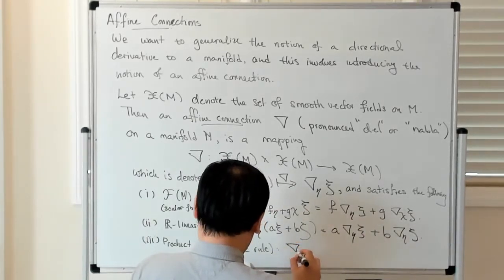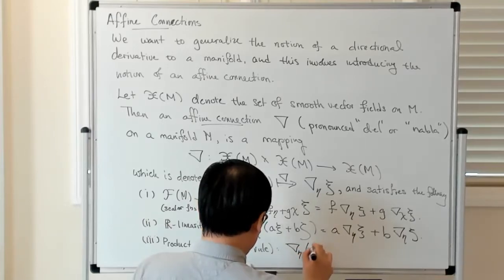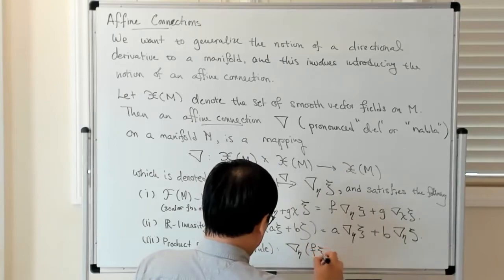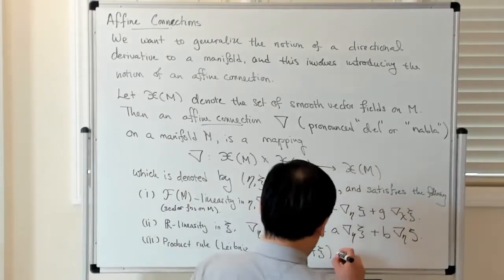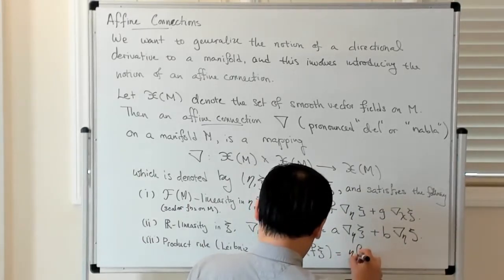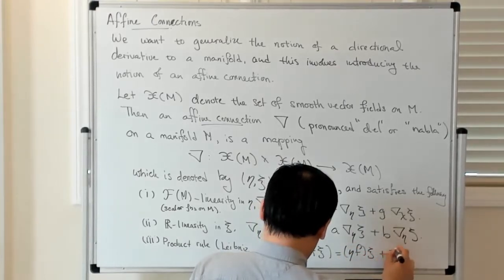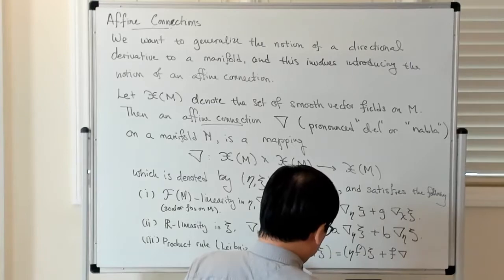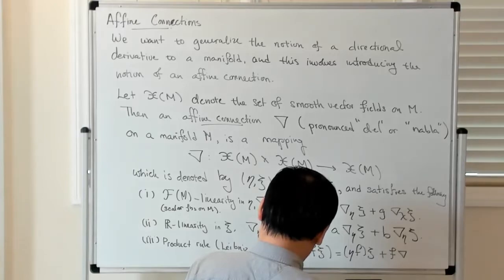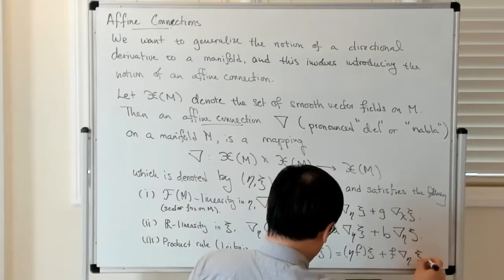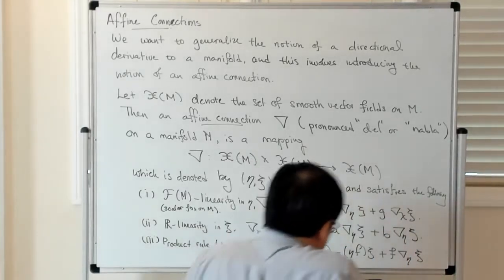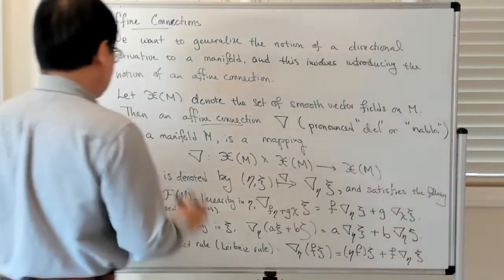The Leibniz rule applies when you take f, some scalar, multiplied by this vector-valued function. Then that's equal to the following.